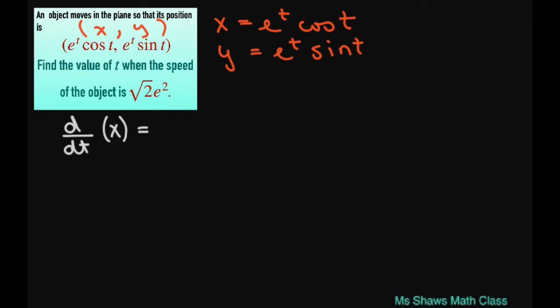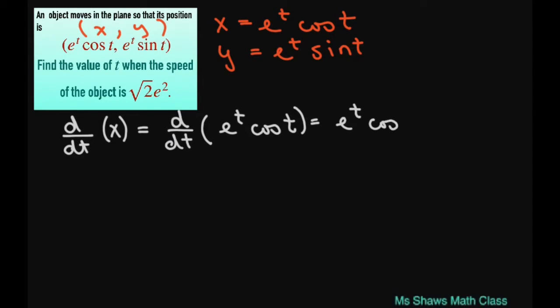When you differentiate x with respect to t, e to the power of t cosine of t, that's going to equal e to the power of t times cosine of t using the product rule, and then the derivative of cosine is negative sine.